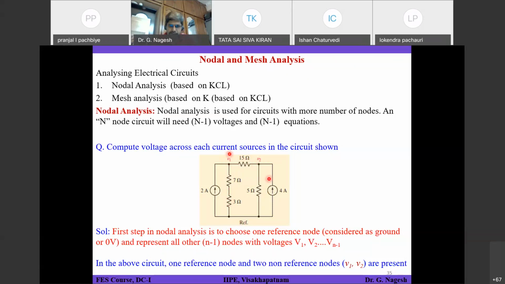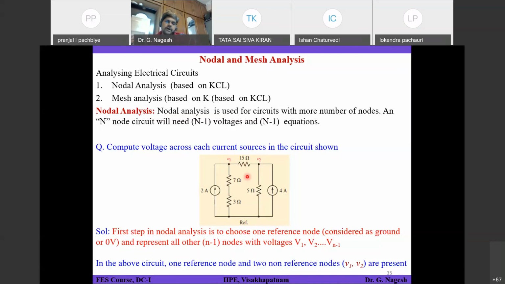So I can represent this entire combination by simply 10 ohms, and there are only 3 nodes. Whenever you are applying nodal analysis, you have to do that simplification and then find out how many nodes are there.